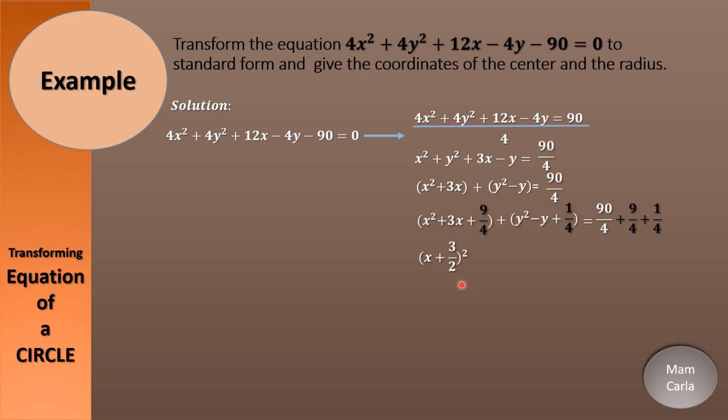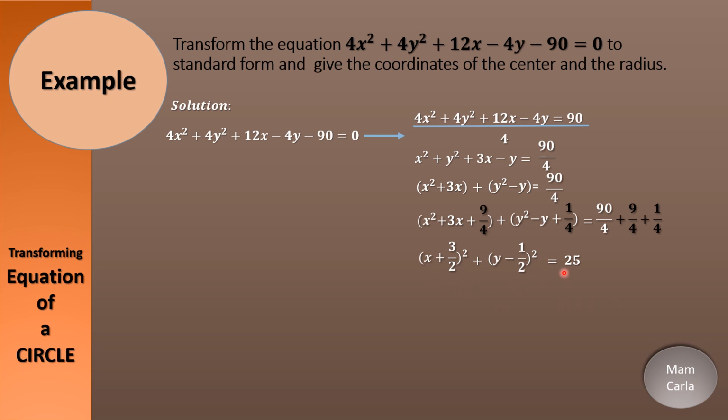That's why we have quantity of x plus 3 halves raised to the second power plus the quantity of y minus 1 half raised to the second power equals, since we have a common denominator here, we can simply add 90 plus 9 plus 1, which is 100, and then divide it by 4, which is 25.